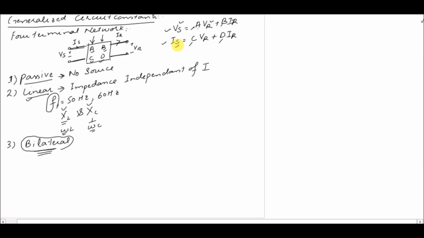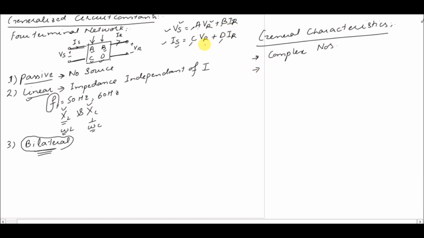There are some general characteristics of the constants. They are generally complex numbers. From these four constants, A and D are dimensionless.